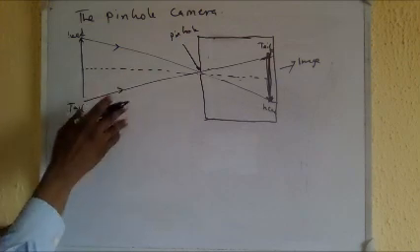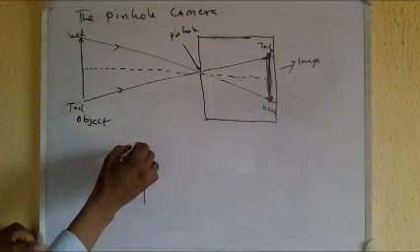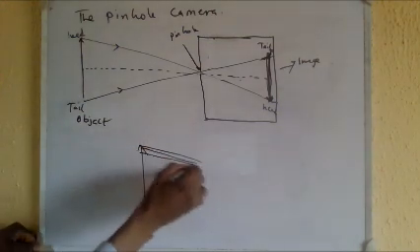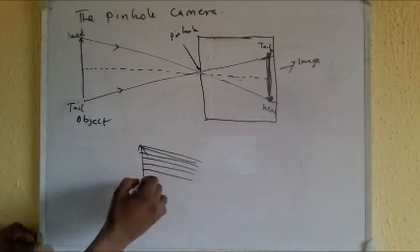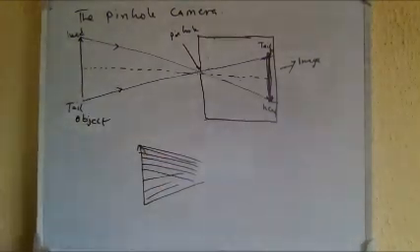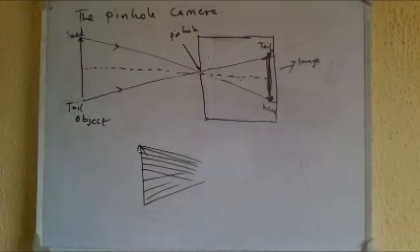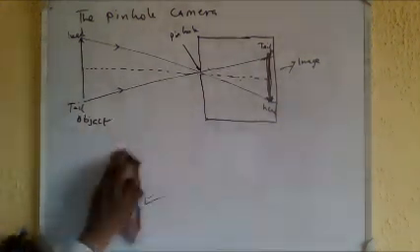Normally, if this is an object like this, every particle of this object will be emitting rays like this. I don't want it to be very clumsy, and I will not want to draw all the light rays. So I just represent the two rays, maybe the two tips. That's why we're having these two rays like this.